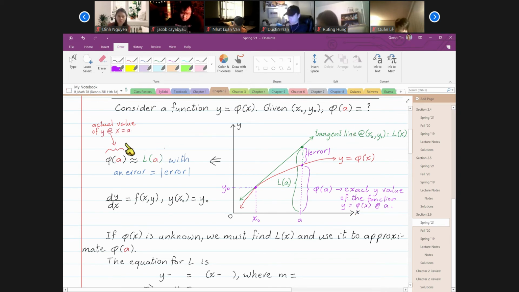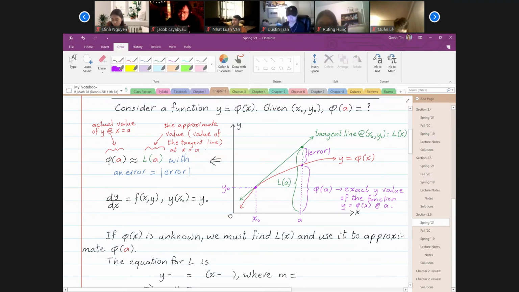And this is the approximate value, which is the value of the tangent line at x equals a.